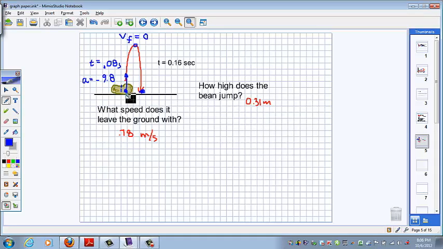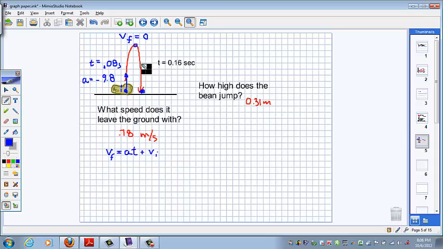So we're going to try to pick an equation that gives us that initial velocity. We know a, we know t, we know v final. The perfect one is equation 2, vf equals at plus vi. Diagramming the problem, identifying the initial and final spots, super helpful.